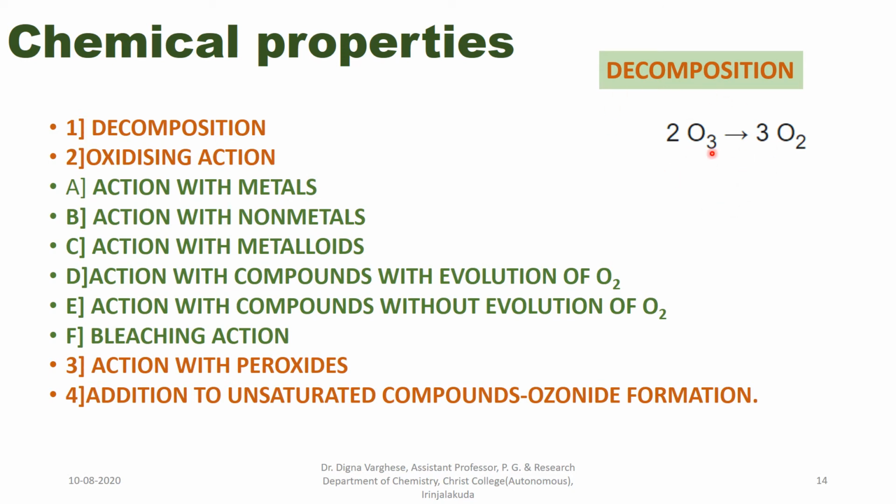And so the decomposition reaction is quite rapid upon heating or in the presence of a catalyst like manganese dioxide, platinum, or copper oxide; it is rapidly converted to oxygen.